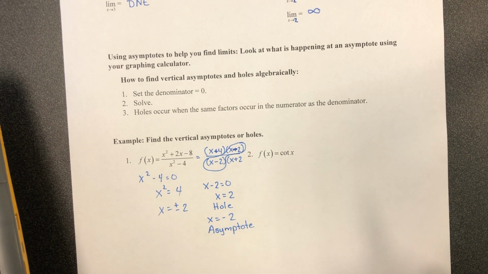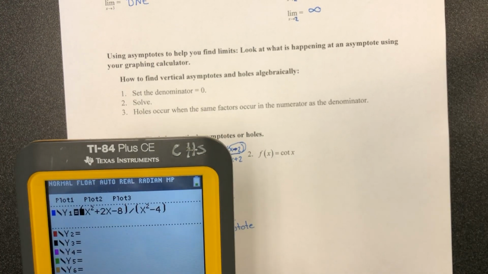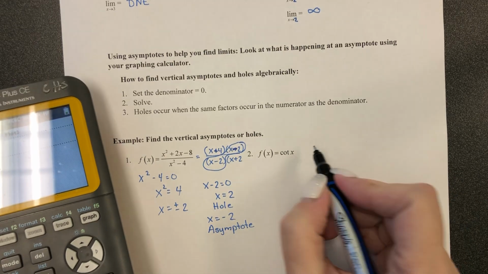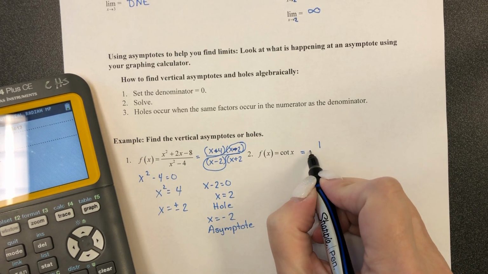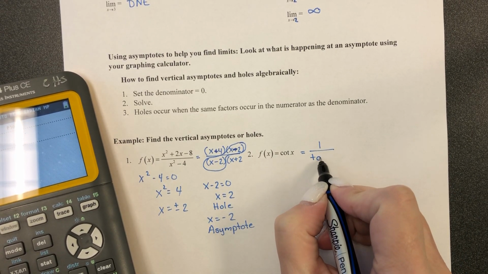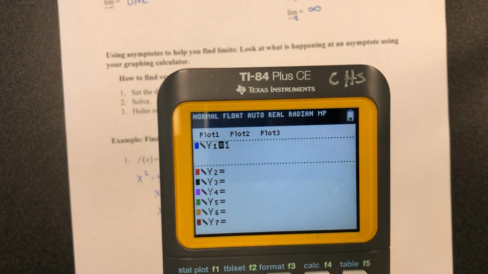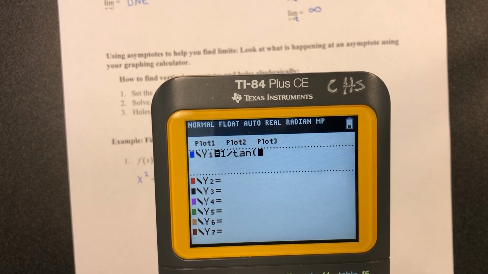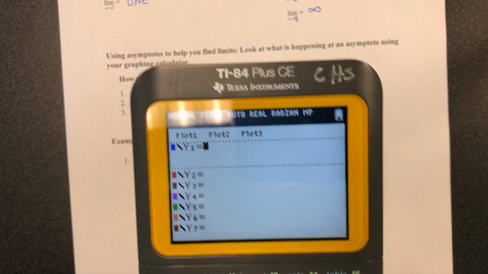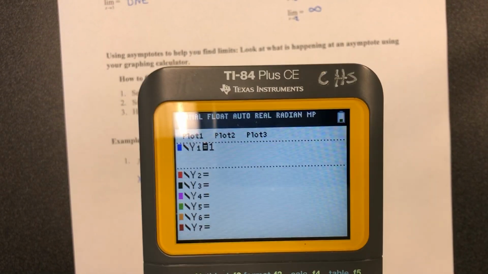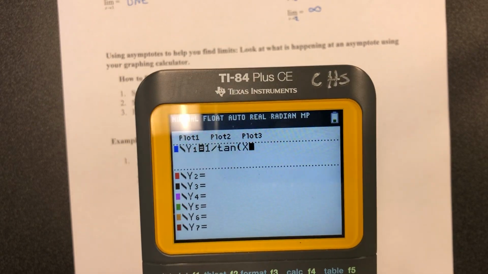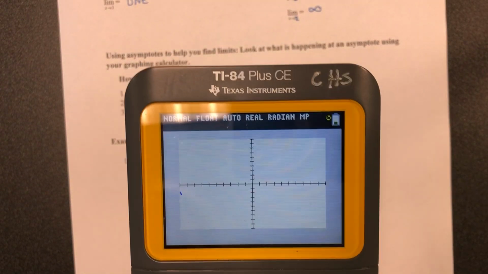Now this one, there's no denominator, so we're just going to come over here and we're going to graph it. Now, just a reminder, cotangent is 1 over tangent of x. So when I go to type that, it'll be 1 divided by tangent of x, and I'm going to hit graph.